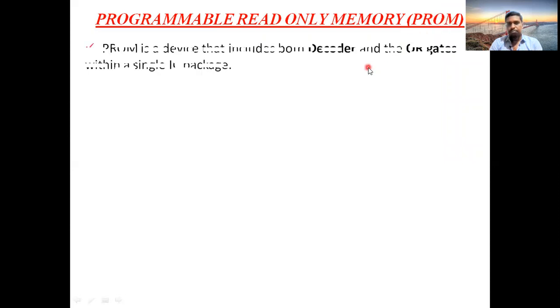If you make this ROM programmable, if you make this ROM with a program, it is called PROM. You take an ordinary ROM and start programming it, then it is called a programmable read-only memory. So PROM is a device that includes both the decoder plus OR gates.